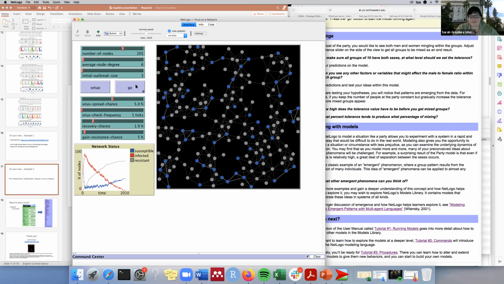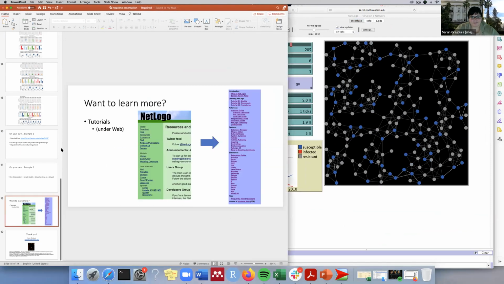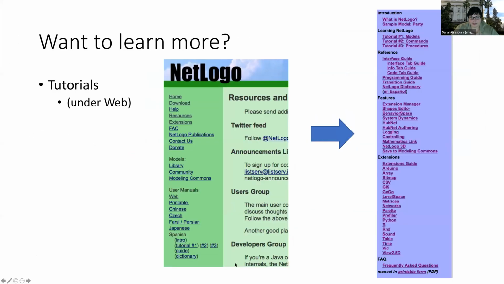So yeah, that's most of the stuff that I have for you right now. Like I said earlier, if you wanted to learn more, it's really accessible. You can go to their website, and they have, I think, an even bigger models library on the website. The user manual is like 400 pages, and it's really thorough and explains all the different coding stuff.